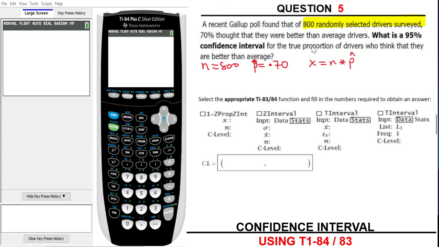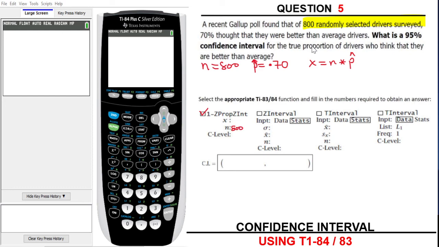So we know it is a proportion question because they went through the survey and found out that 70% of the drivers thought that they were better than average drivers. Okay, so let's now see. The n here is 800.